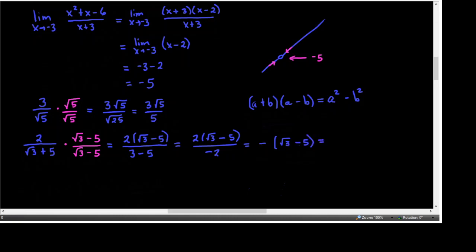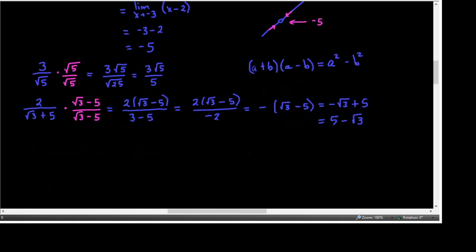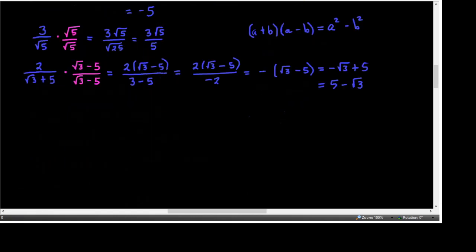And then if you distribute, you get negative square root of 3 plus 5. Or you might want to write it as 5 minus square root of 3. Okay, so that's how you rationalize square root radicals that are in a binomial.